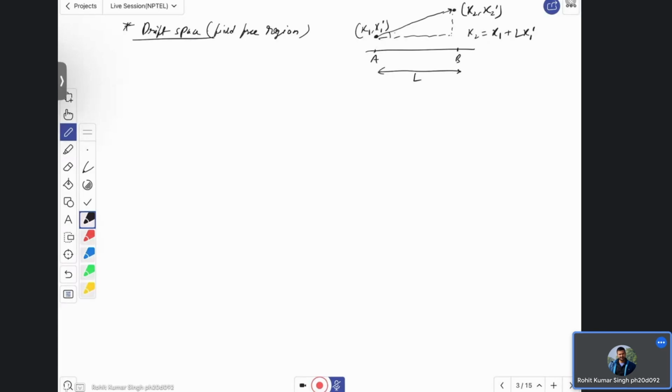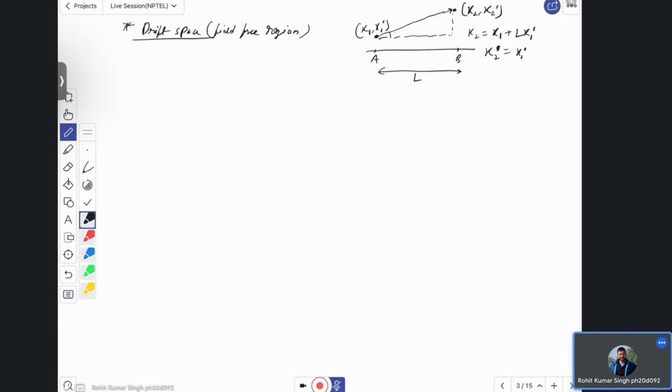Straightforward. And x2 prime will be the same as x1 prime because there is no change in the slope, right? So whatever the slope here at point x2 is the slope at the point x1.